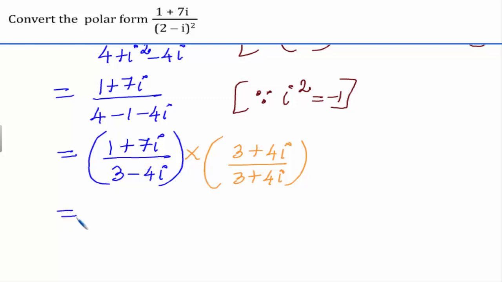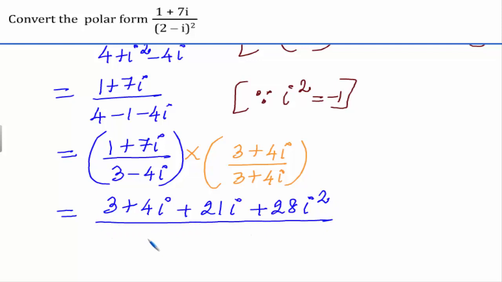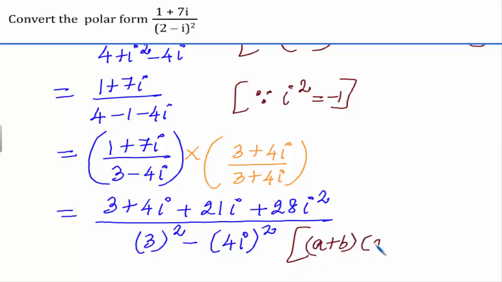So this will be equal to 3 plus 4i plus 21i plus 28i square. And in the denominator we have 3 square minus (4i) the whole square. Here we are using the identity (a plus b) multiplied by (a minus b) is equal to a square minus b square.